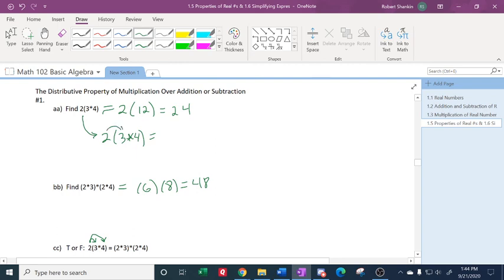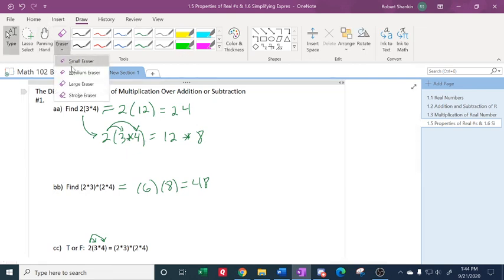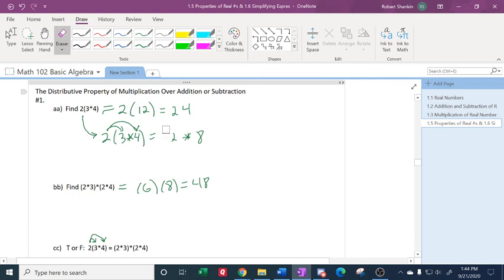If you distributed, that's actually what happened over here, because you multiplied the 2 times the 3. Oops, shouldn't have been 12. Let me fix this.